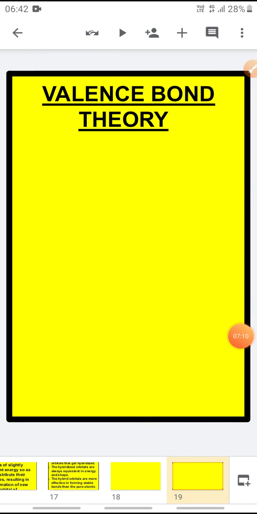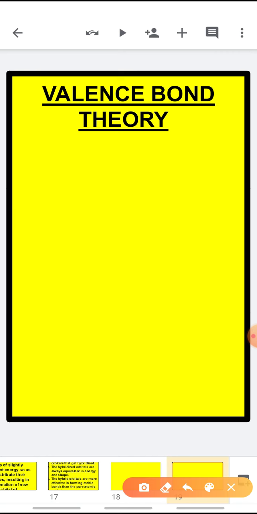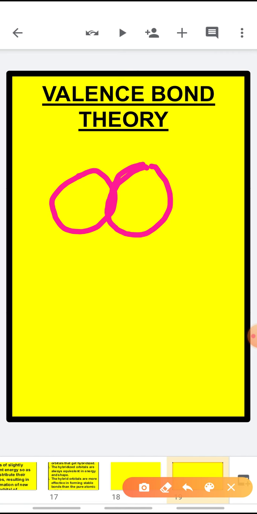Now children, coming to the orbital overlap concept. It was explained on the basis of valence bond theory that in the formation of the hydrogen molecule, at the minimum energy state when two hydrogen atoms came close to each other, their atomic orbitals undergo partial interpenetration. Penetration means they penetrate one inside the other.